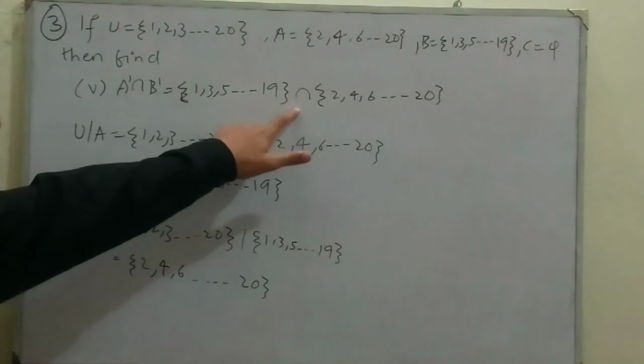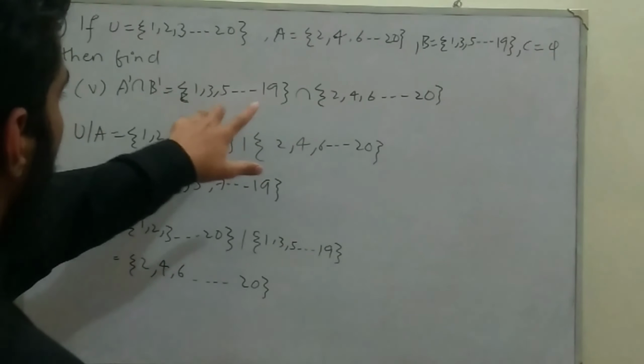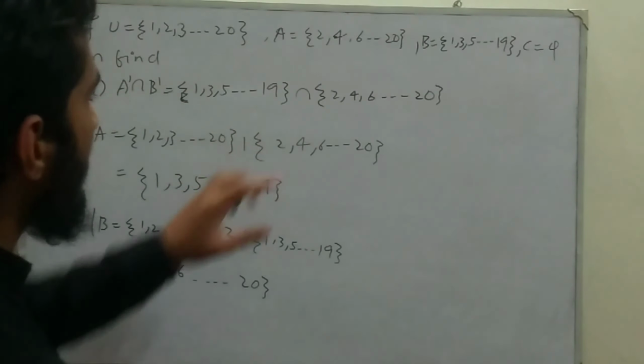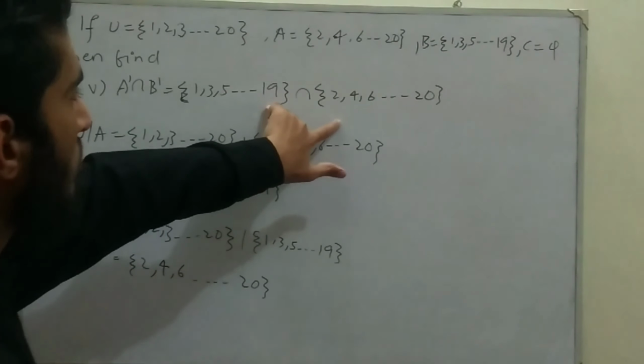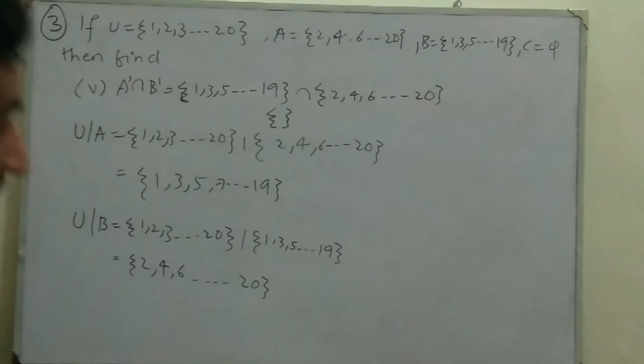Intersection means all those elements which are common in both sets. 1 and 2 are not common, 3 and 4 are not common. There is no common element in these two sets. That's why our result will be an empty set or null set.